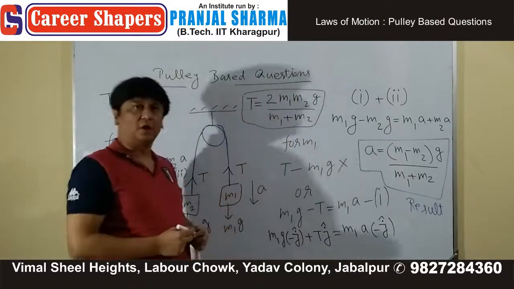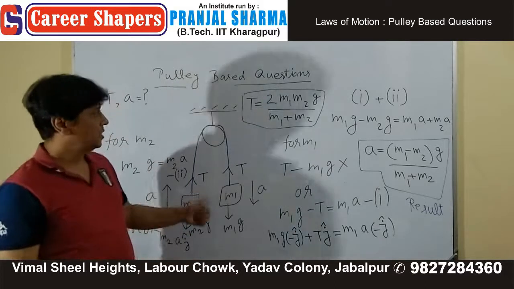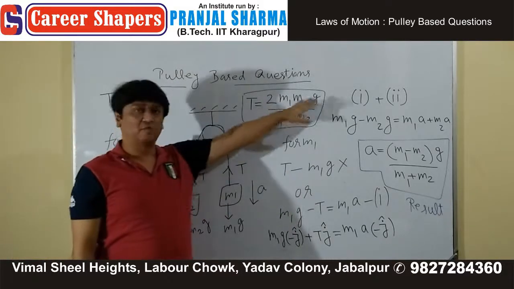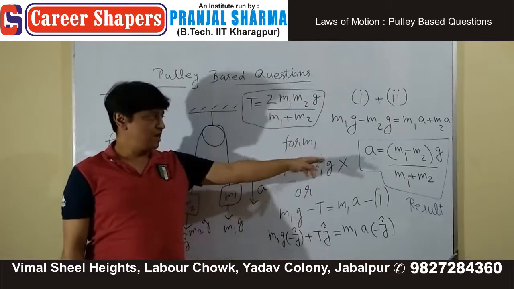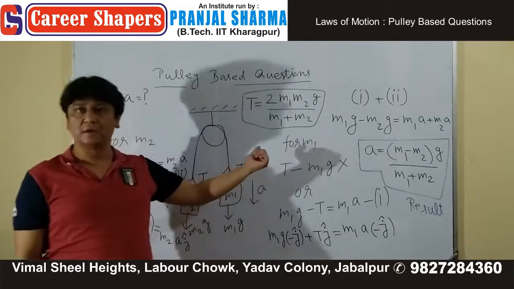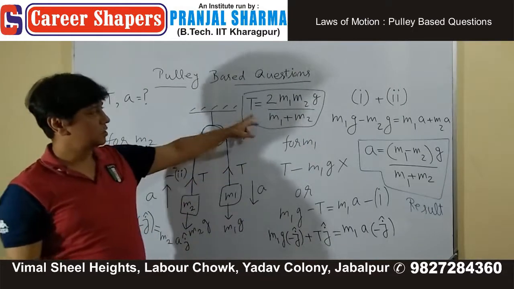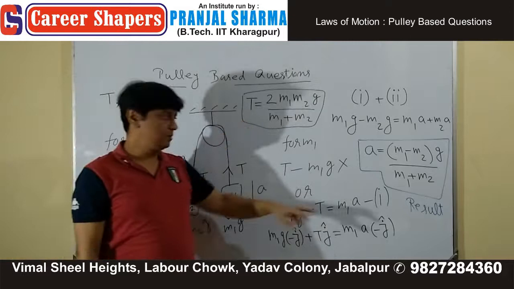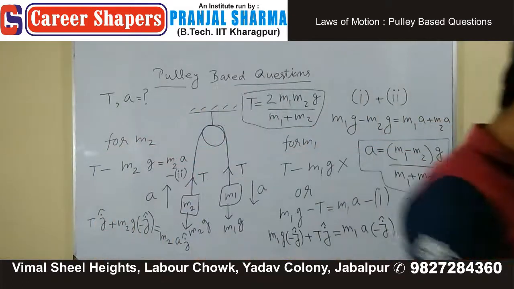Another result for this type of pulley system. What is T? 2 m1 m2 g divided by m1 plus m2. What is A? (m1 minus m2) g whole divided by m1 plus m2. Put this also as a result. It's not difficult. Put the value of A, simplify, and you will get it. Some of you already got this.